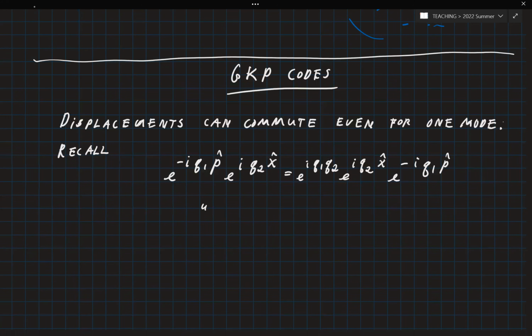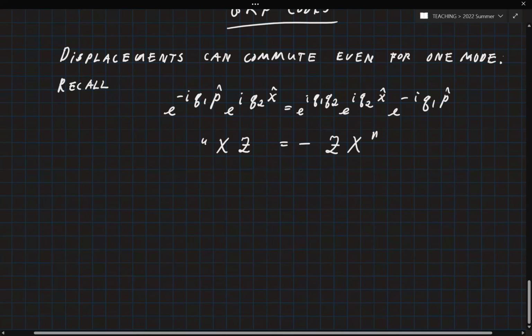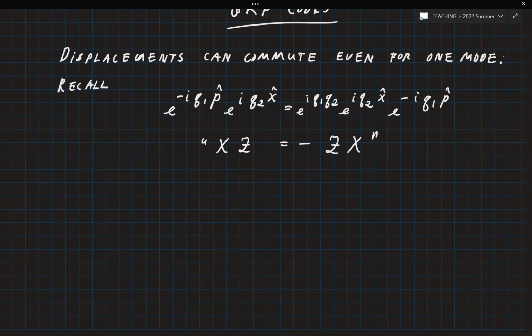I want you to think of this as the analog of the commutation relation between Pauli X and Z. But now, because we have these continuous degrees of freedom in Q1 and Q2, it is possible to fine-tune them to make sure that these commute.